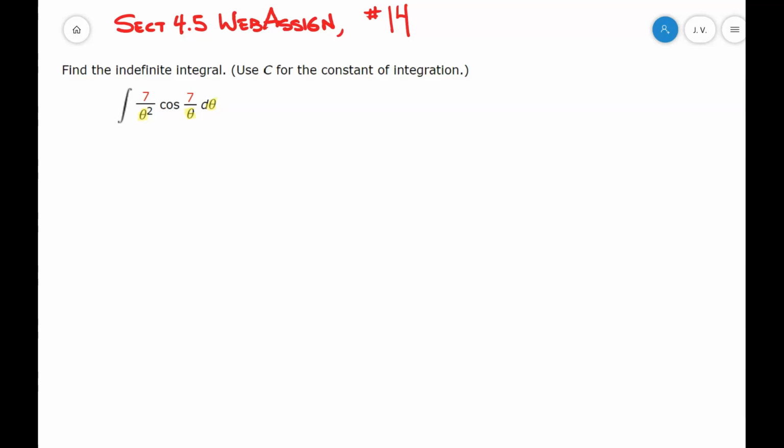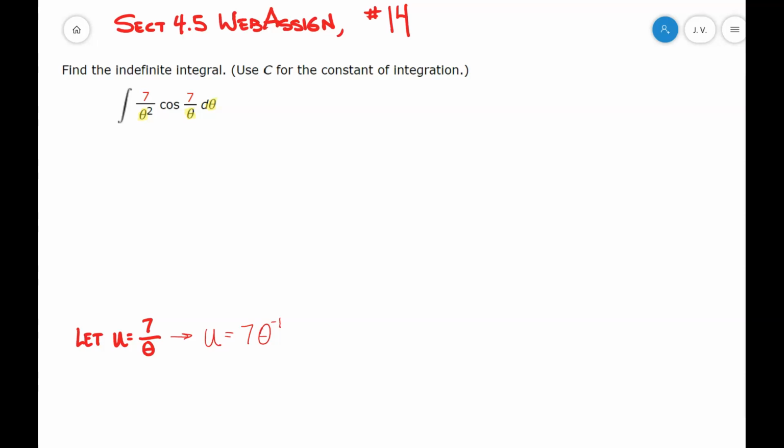And the inside function here is 7 over theta. So let's take a look at what happens if we let u equal 7 over theta. Know that we can rewrite this as 7 times theta to the negative first power, because that's what 1 over theta is.